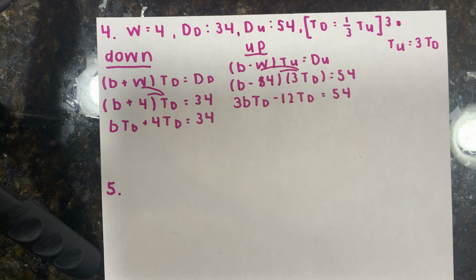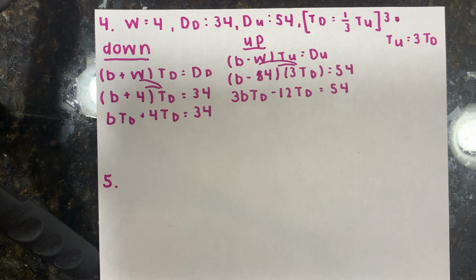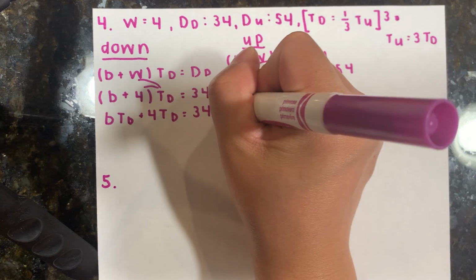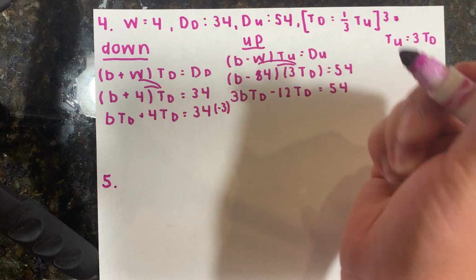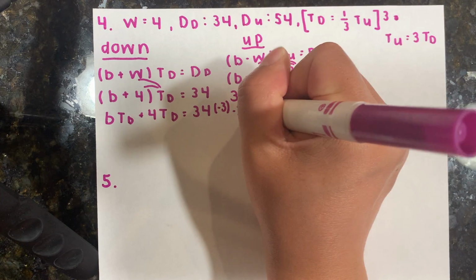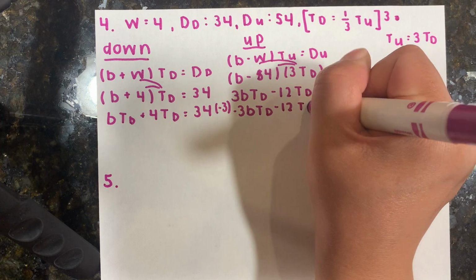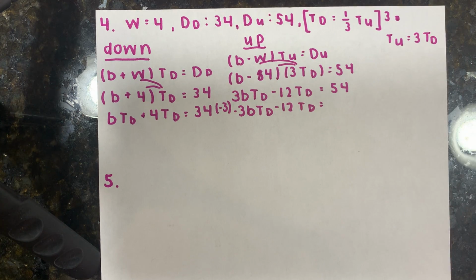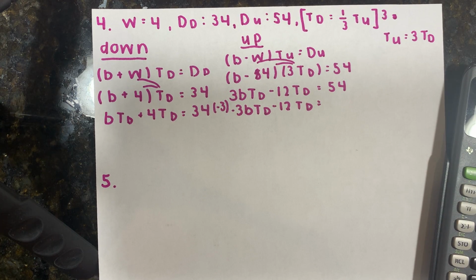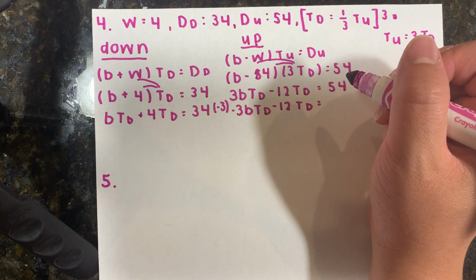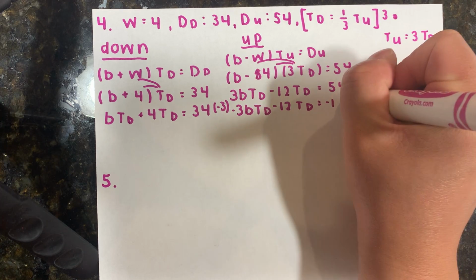You can do substitution or elimination. I would probably do elimination, so I'm going to multiply this equation by -3, which would give me -3 BTD minus 12 TD equals 34 times 3, should be 102, -102.